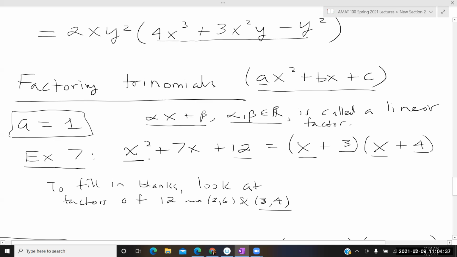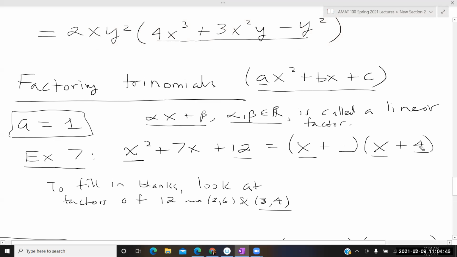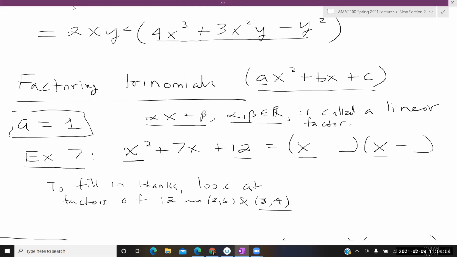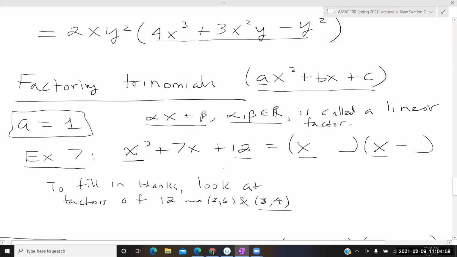Example 7 is x squared plus 7x plus 12. And let me just erase what's going on here. The idea is we want to fill in these blanks, and I obviously saw what the blanks are, but let's just go through this anyway.